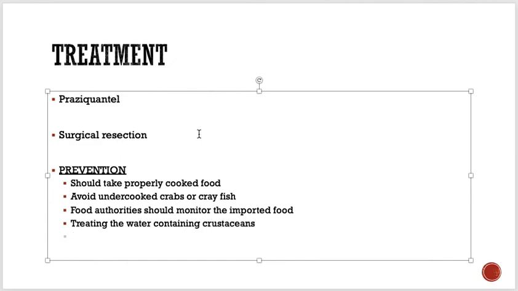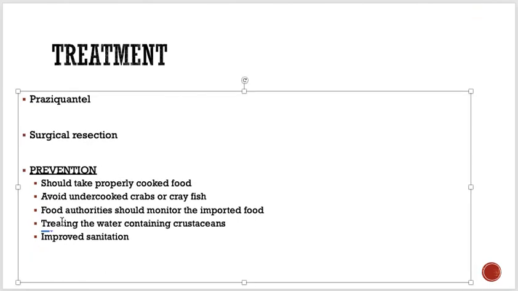Okay, very important thing again: improved sanitation. That is very important. When the feces or the sputum, all these things come in contact with fresh water, the problems arise. So by improved sanitation, we can limit the transmission, not just in humans but also in animals.